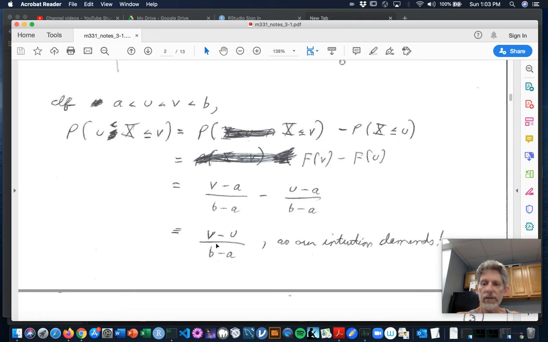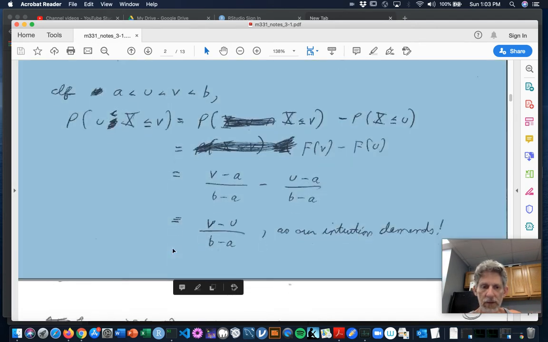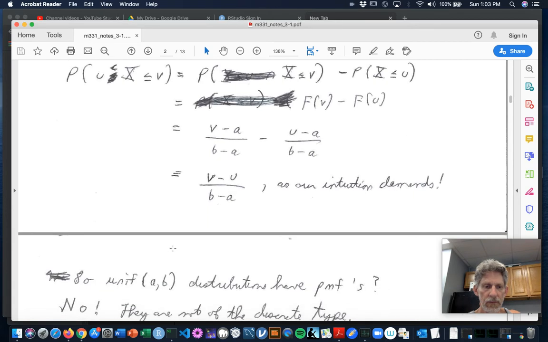So I think I've pretty roundly convinced you that we ought to go ahead and mathematically define the uniform distribution from a to b as being a distribution whose cumulative distribution function is this capital F. So I'm just going to take that as done.